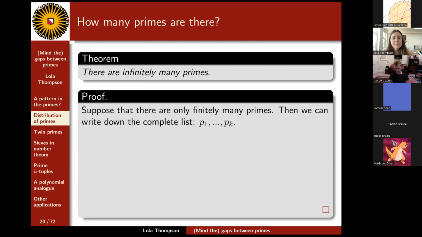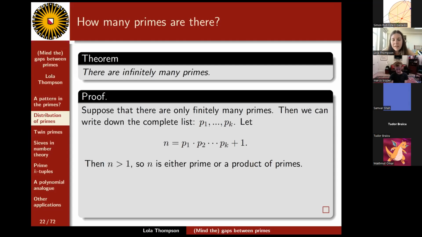That's what we're supposing. So then I'm going to let this new number n just be the product of all the primes plus 1. Because my number n is bigger than 1, by my very first slide, we know that n is either going to be prime or it's a product of primes, because all the numbers bigger than 1 are products of primes.